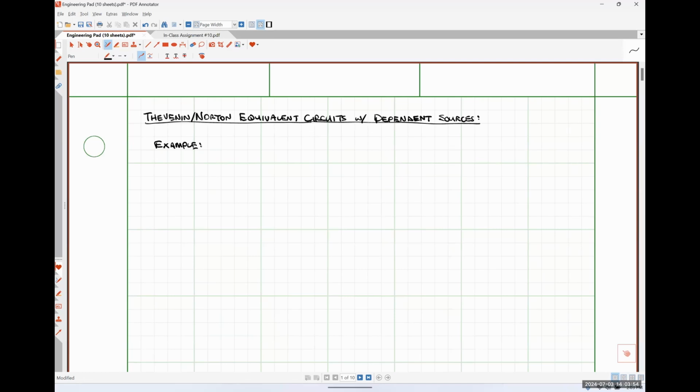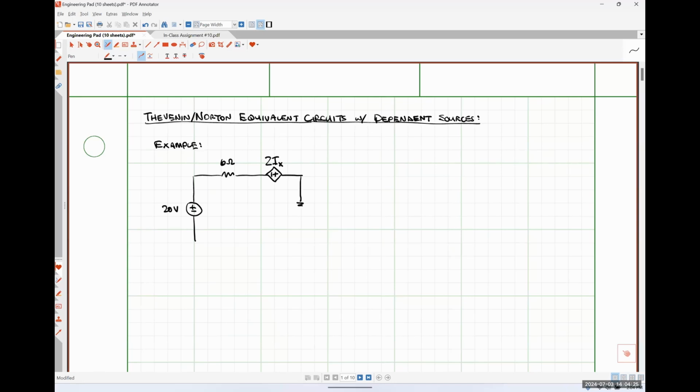So let's say that we have the following circuit where we have a 20-volt source in series with a 6-ohm resistor in series with a dependent voltage source where the voltage source has a value of twice Ix.